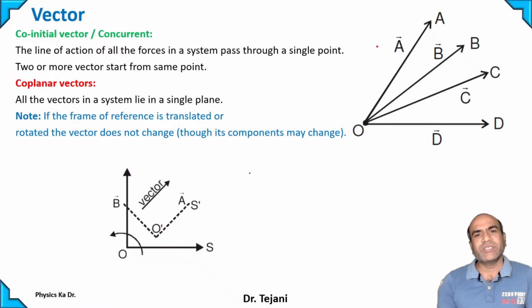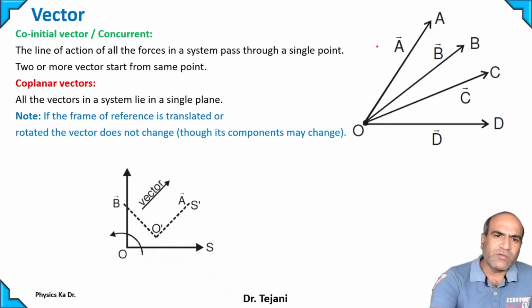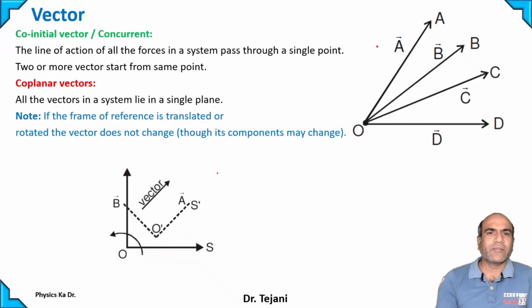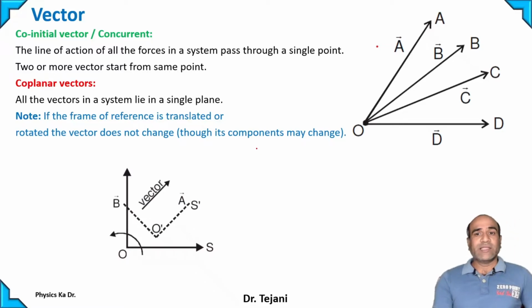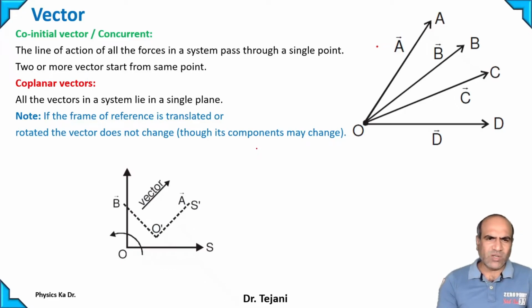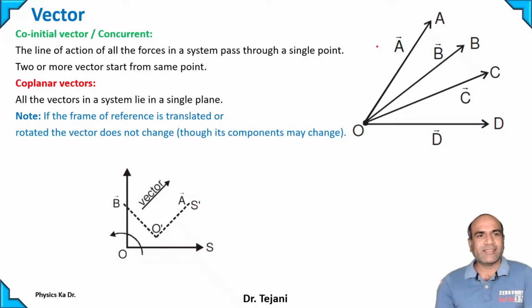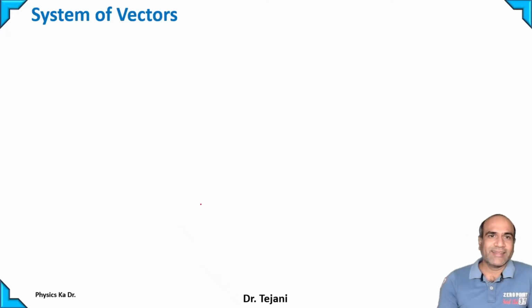There is no change in terms of property if all the vectors are changed together. But all the vectors have to be changed, otherwise there will be a change in magnitude. So we will understand all this in detail by taking examples. It is the best method.